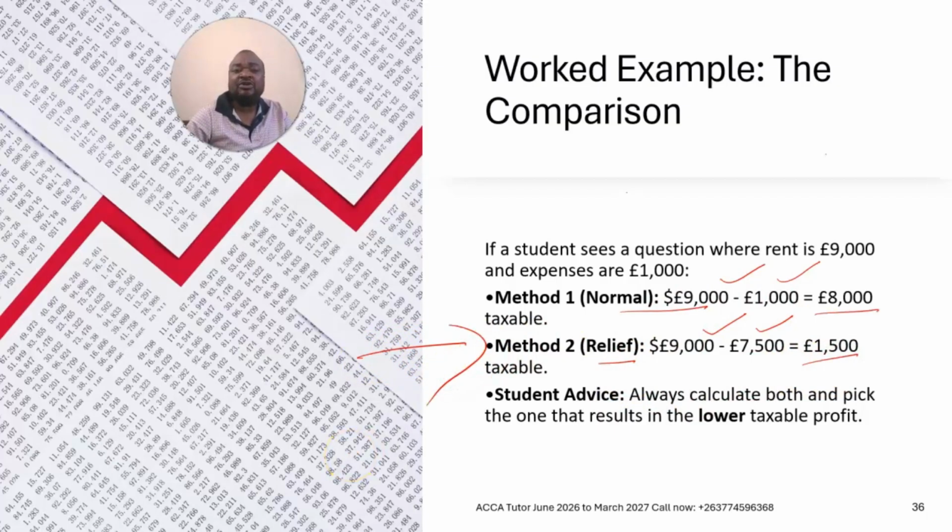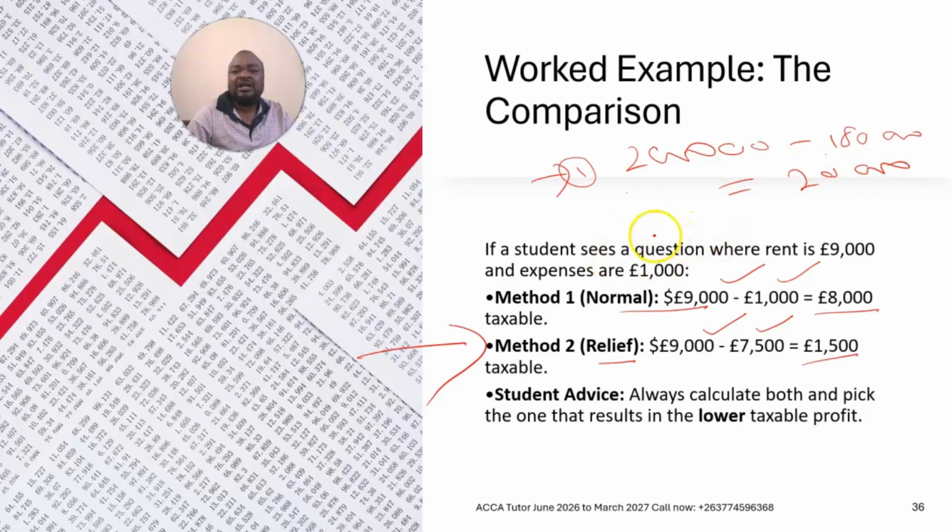But sometimes you might be given a rental income of, say, 200,000, and the expenses might be 180,000. Using option 1, the taxable profit would be 20,000.